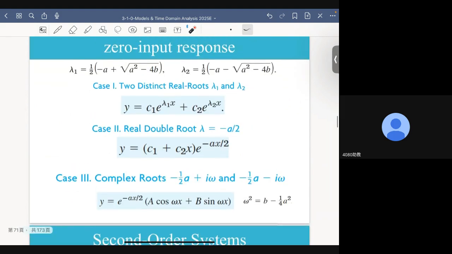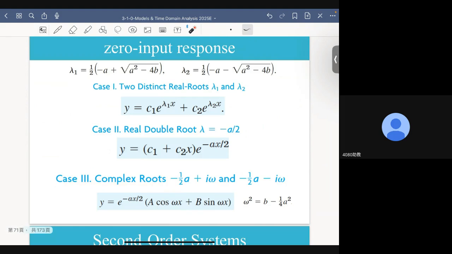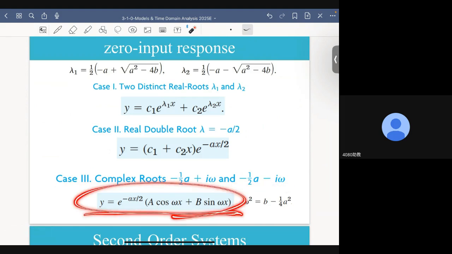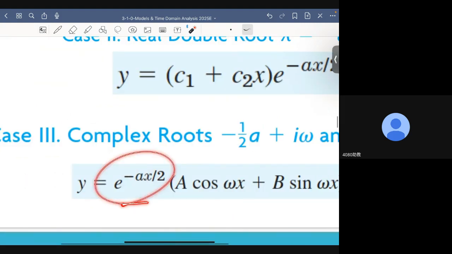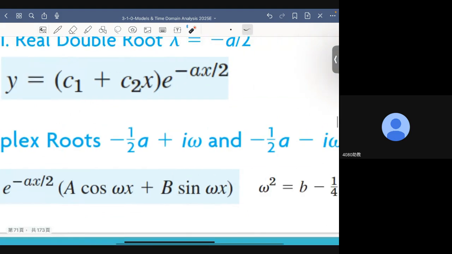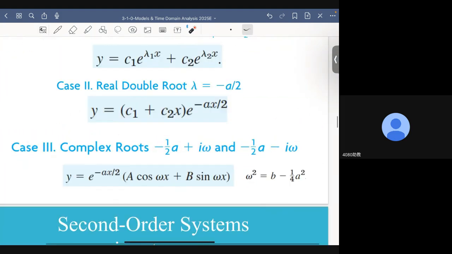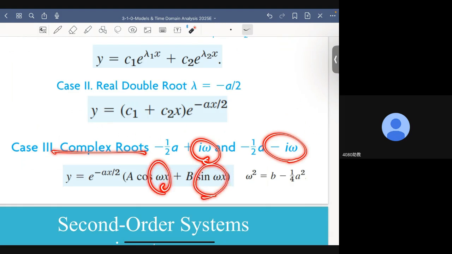Now, if I have complex roots, that is, my roots look like this, then my solution looks like this. Note that the envelope of this solution actually depends on the real part of the eigenvalues, okay? And the imaginary part of my complex root actually determines the oscillation frequency of this sinusoid part of my solution, okay?